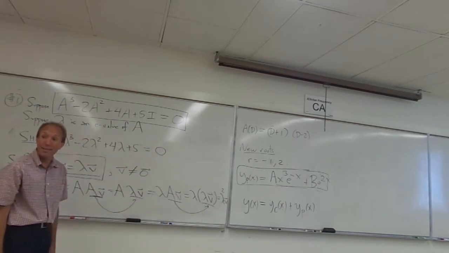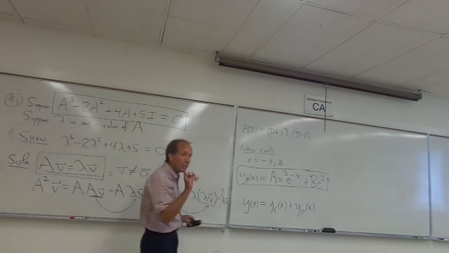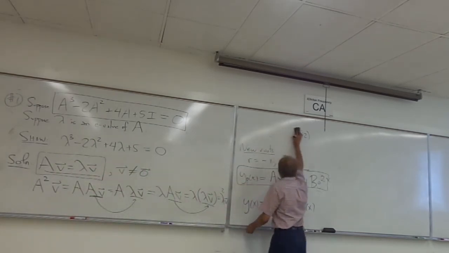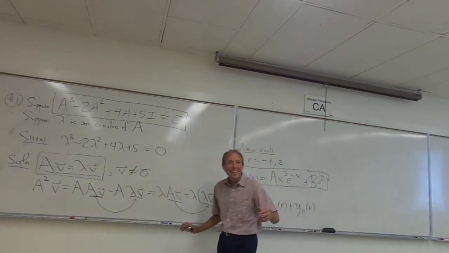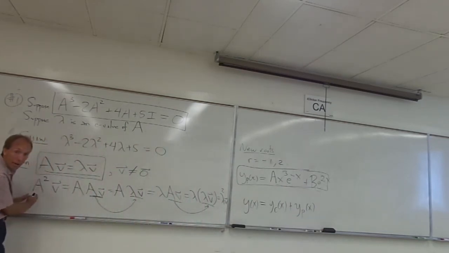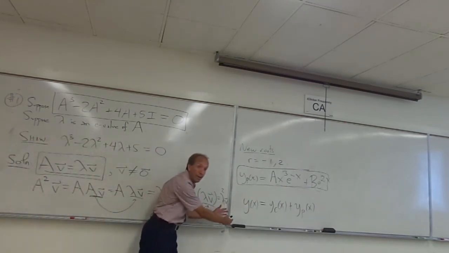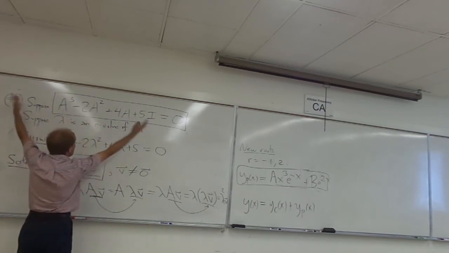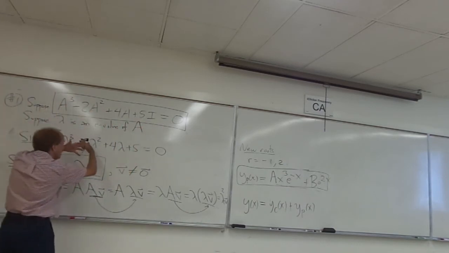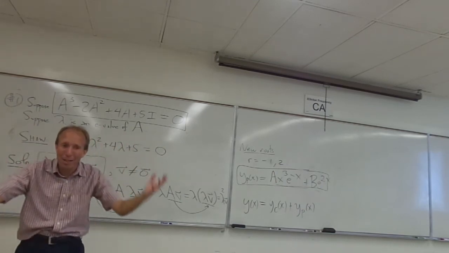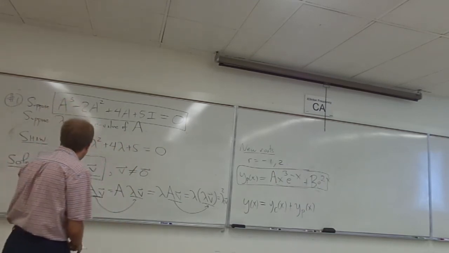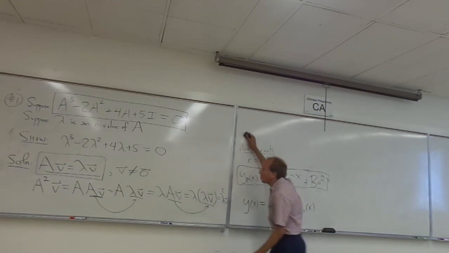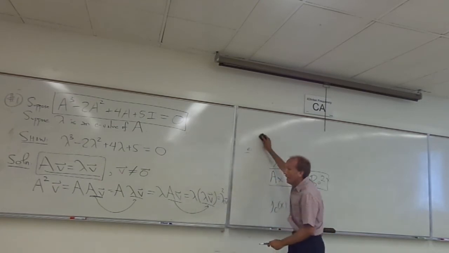That's a big key. So what's really going on is you're converting the matrix power to the eigenvalue power, which is exactly what you're trying to do up here. You're trying to take this equation involving powers of A and turn it into the same equation involving powers of lambda.